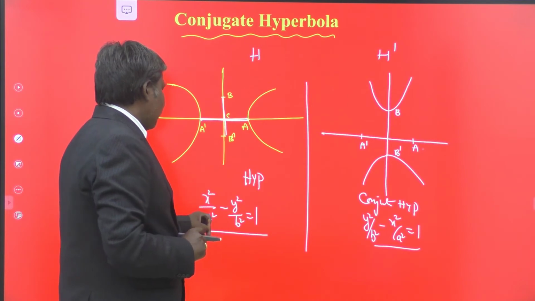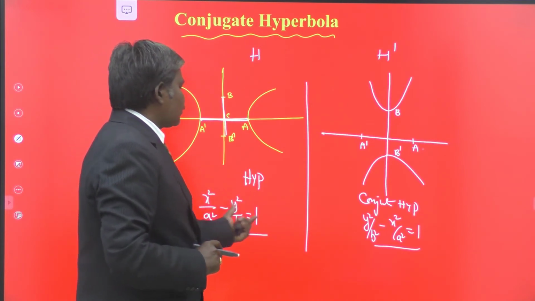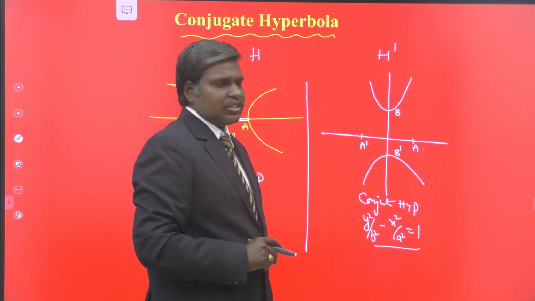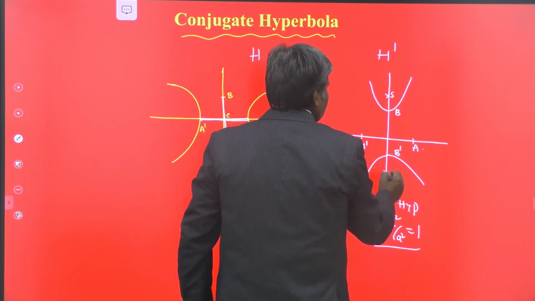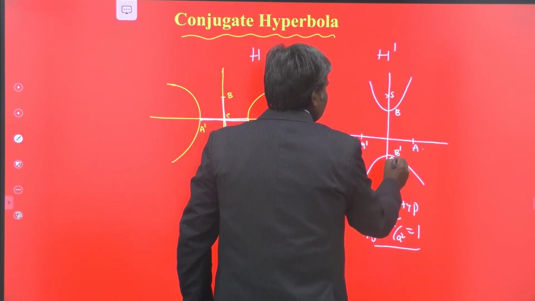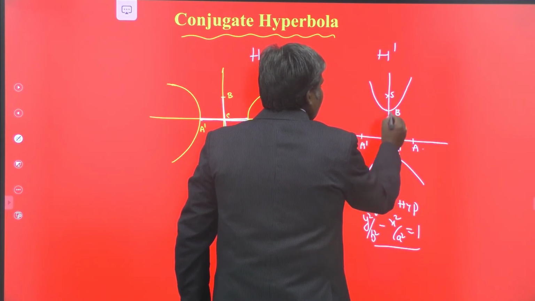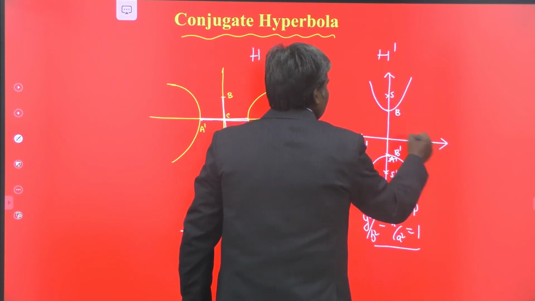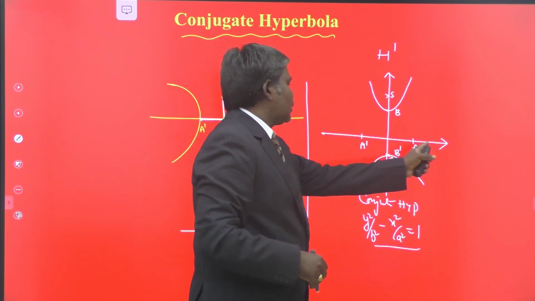That is, x square by a square minus y square by b square equal to 1 is the hyperbola. Its conjugate equation is what? Y square by b square minus x square by a square is equal to 1. Its foci are like that. This is one focus, this is its other focus. This is vertex A dash, this is the vertex B dash and this is B. So the foci are along the y-axis, that is, our transverse axis is here, the y-axis.